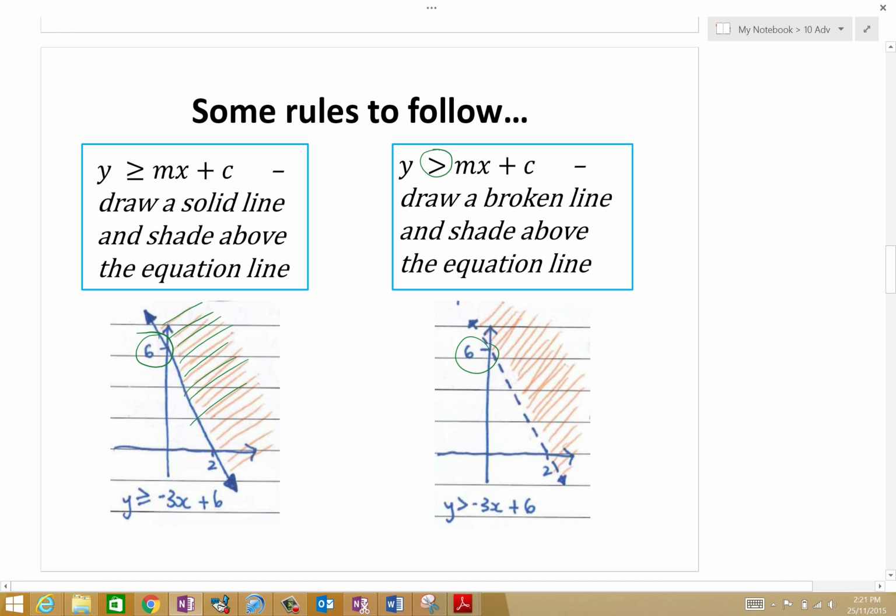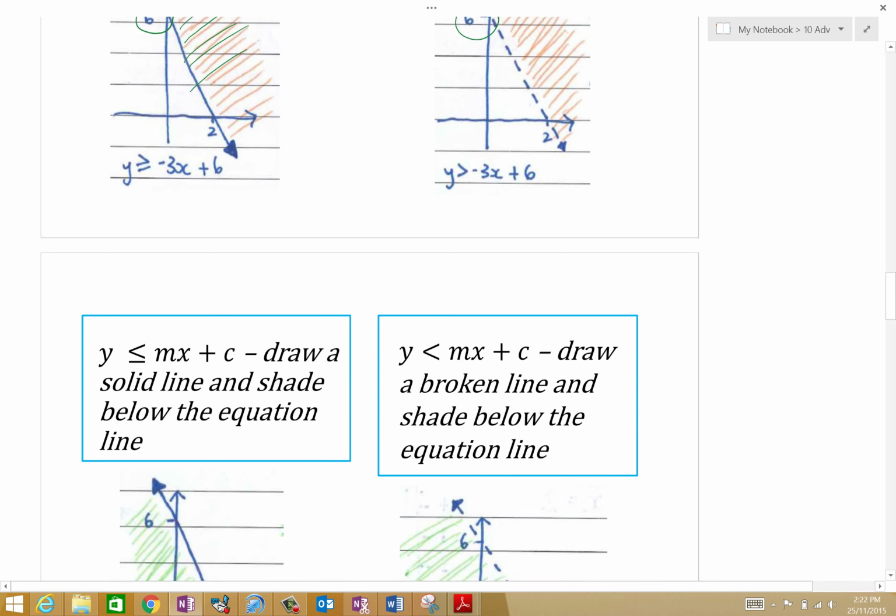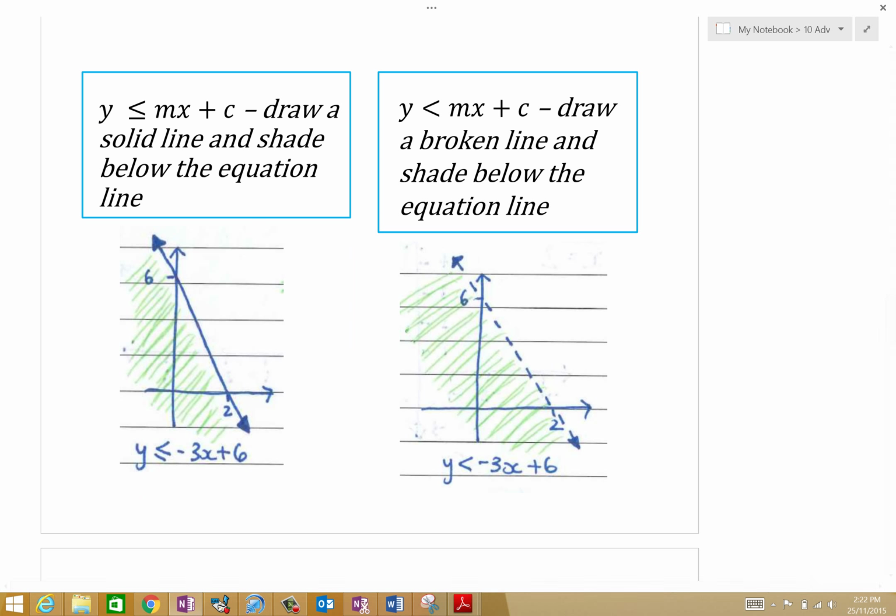Okay? So you can see there that if you can sketch the graph of y equals minus 3x plus 6, you can also sketch the graph of y is greater than or equal to minus 3x plus 6, or greater than. Yes? Is it possible to find simultaneous equations like when it's equal to or greater? We're not going to get to that quite yet, but yes.